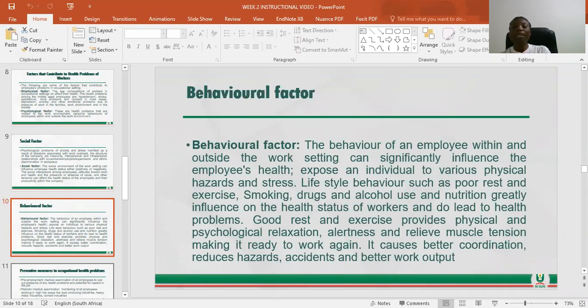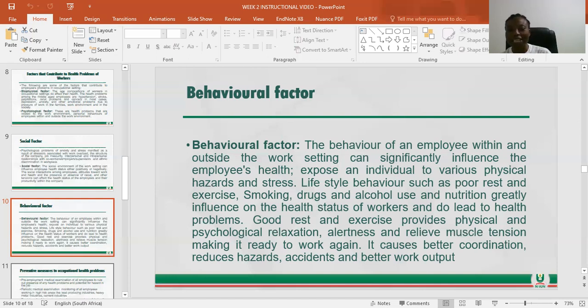You see, the lifestyle of every individual differs. We have people that have poor resting lifestyle behavior. Yes, some don't rest, even though they work. If nature will permit them, they can work 24 hours without rest.